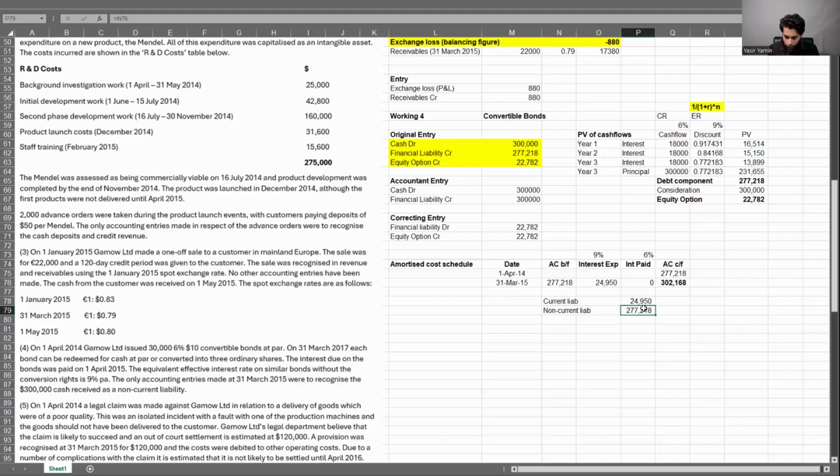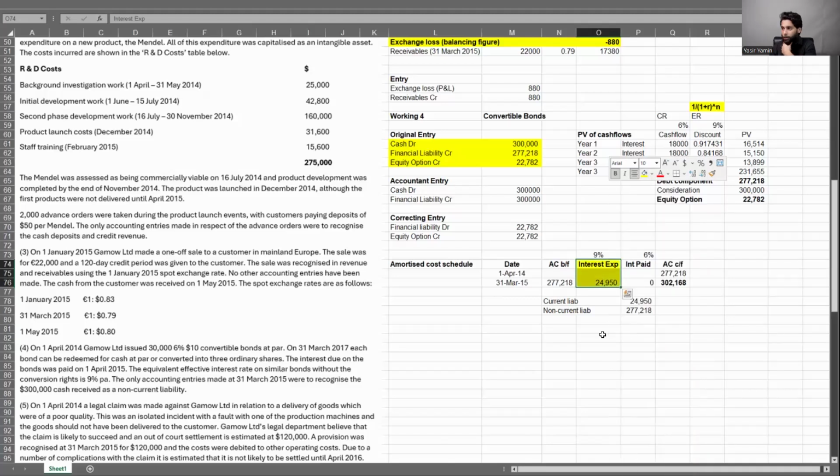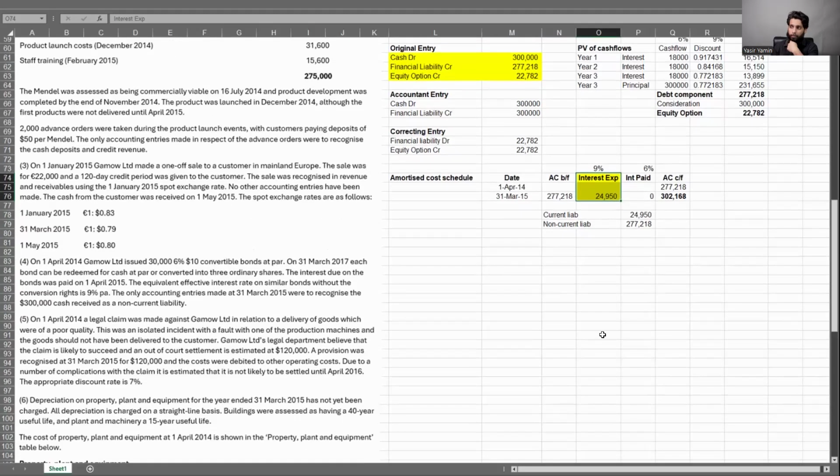And do remember, by the way, your interest expense of 24,950 will be recognized in your P&L as a finance cost. Done, guys? Very good, guys. Excellent.